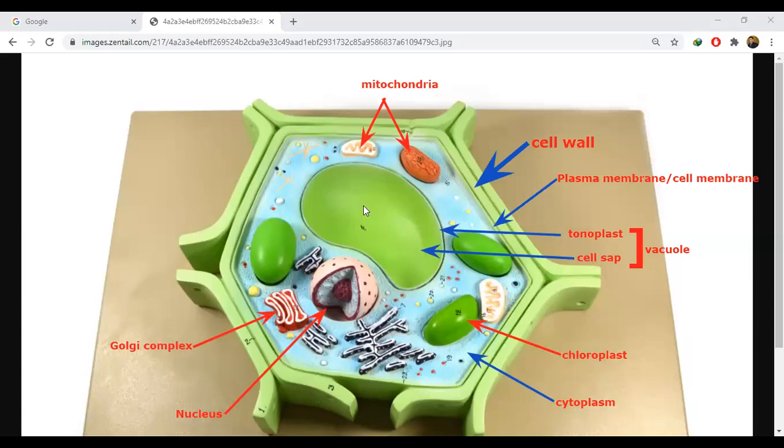Right. Another component there. This component is called rough endoplasmic reticulum. Do you have that word? Rough endoplasmic reticulum. Attached to the nucleus, it will be there.